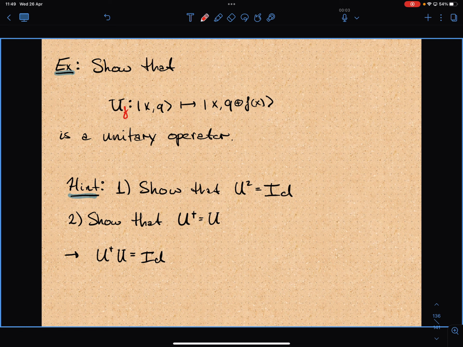In this case, it's just an exercise and it's not difficult to do. I'll let you think about it. You have to show that U of f is unitary. The first thing to show is that U squared is equal to the identity, and then show that the complex conjugate of U is equal to U. If you can show both these things, you have that it's unitary.